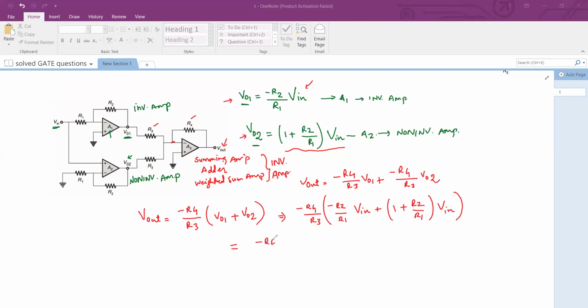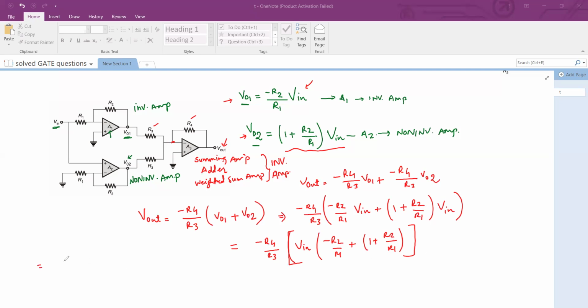Again, minus R4 over R3, and in the square bracket, minus R2 over R1 plus 1 plus R2 over R1, times V in. That is how this simplification goes.